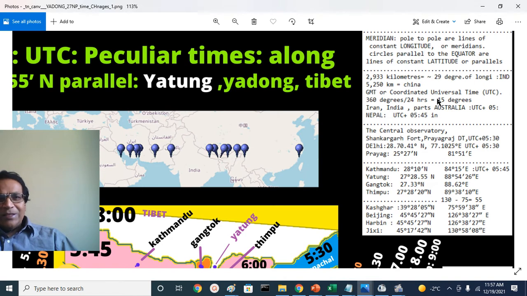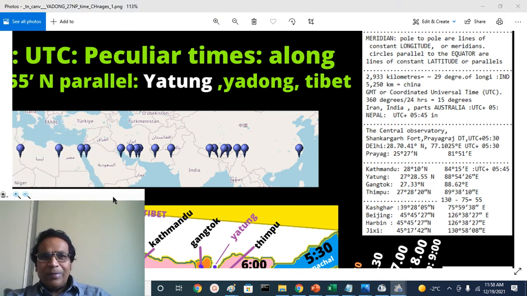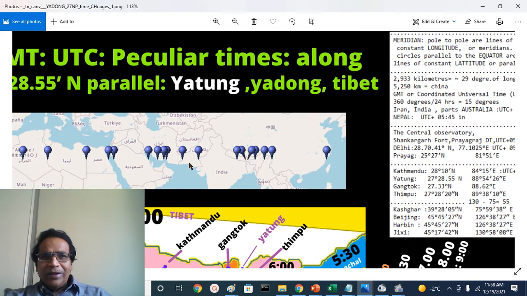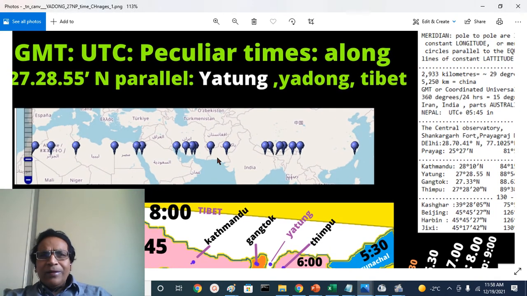That means for every 15 degrees there is a 1 hour time difference. That convention was developed in Britain and it was accepted, like the observatory in Britain, London, a place called Greenwich, will be taken as the standard zero time.